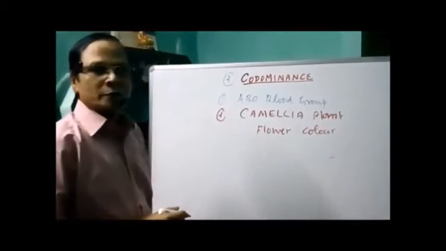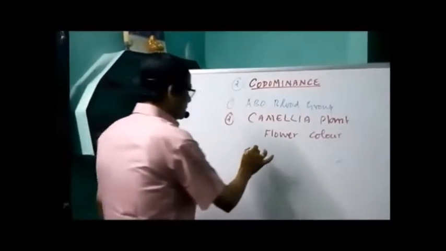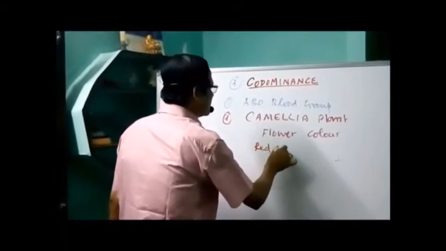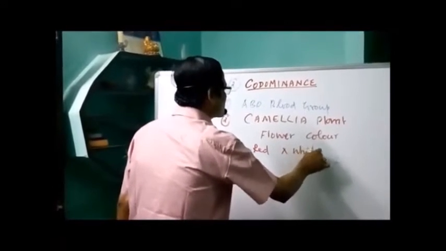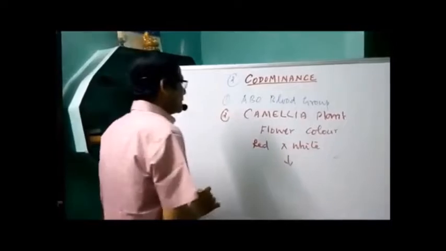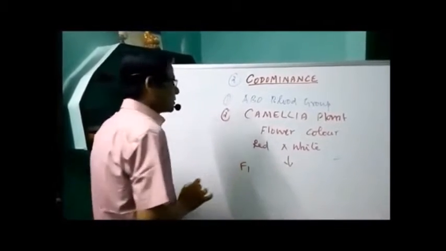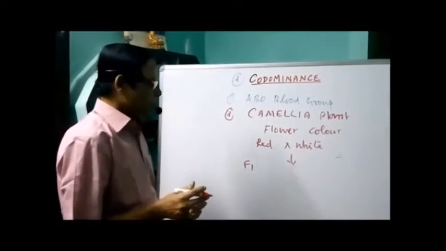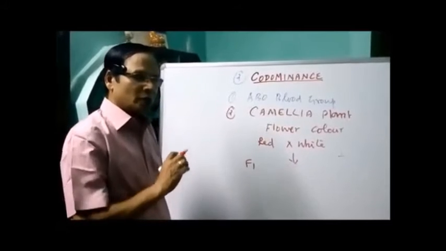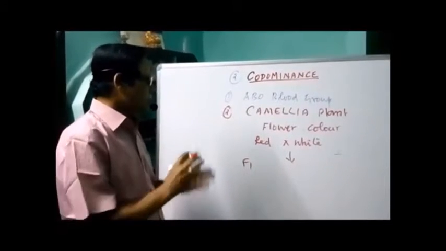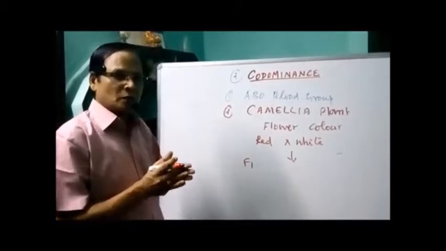We have two types of flower color: the red variety and the white. Now in the F1 generation, there is no blending. No intermediate color is formed, and both the colors are expressed equally.